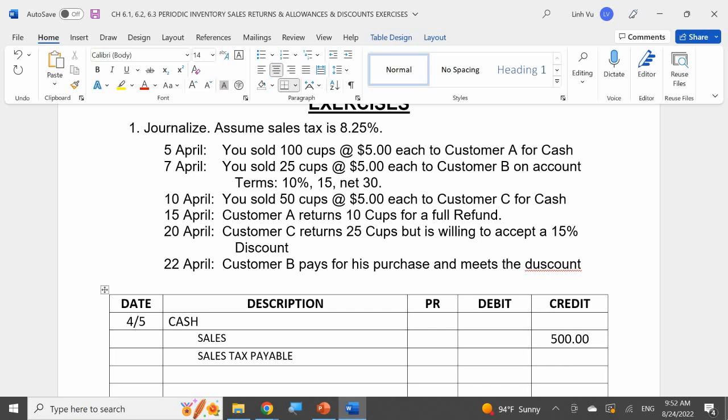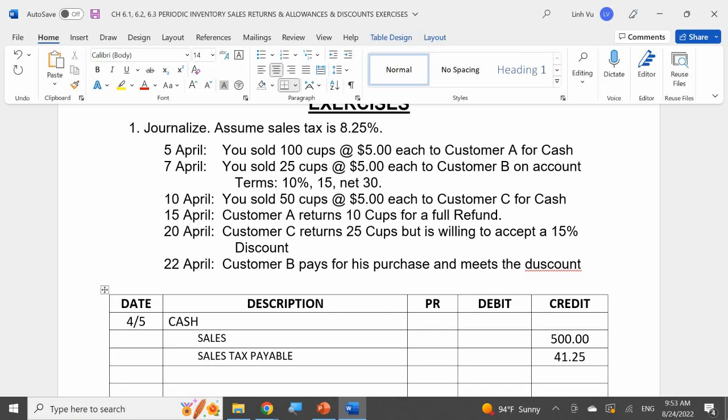Move the decimal place one more. So in this case, it's $41.25. Okay, good.